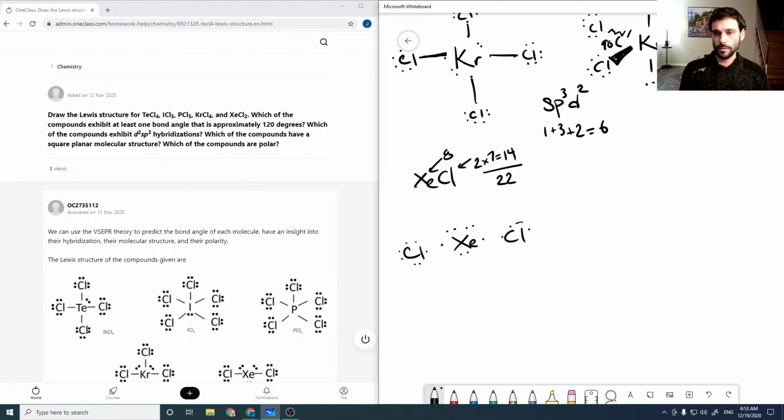And there's each of the 7. So we've got 8, 16, and 6 is 22. So we've got 5 partners around xenon. So I'm going to go ahead and plunk these on the equator.